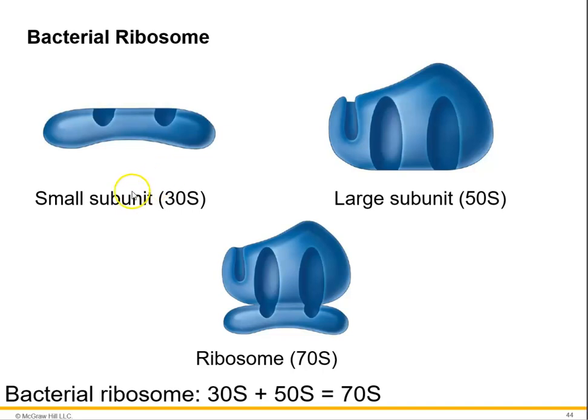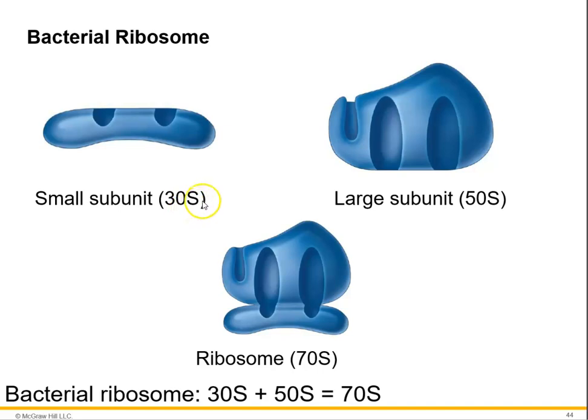Okay, so here is a diagram showing the small subunit and the large subunit of the ribosome. You put them together, you have your ribosome. These numbers indicate the type of subunit. So in bacteria, the small subunit is designated 30S, the large subunit is designated 50S, and the ribosome as a whole is designated 70S.